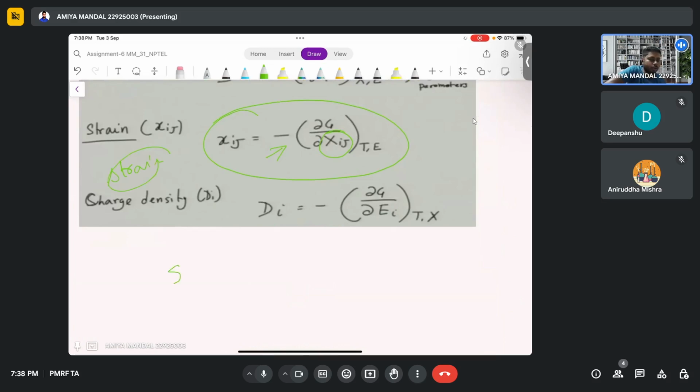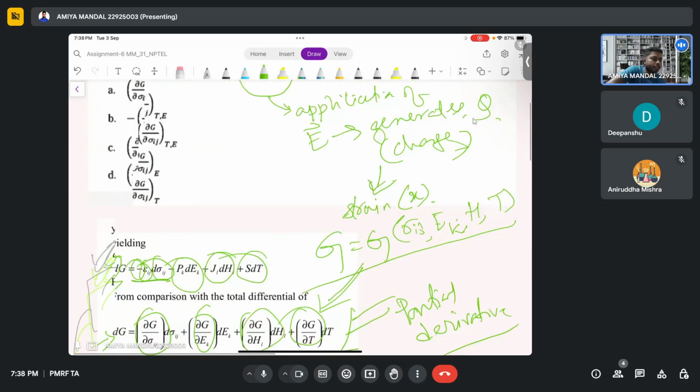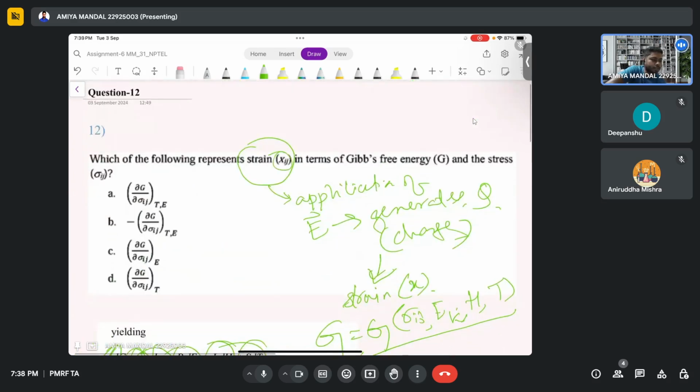This strain can be expressed in Xij also, that is capital X, small xij. Its strain is sigma ij, a second rank tensor. This is also a second rank tensor.